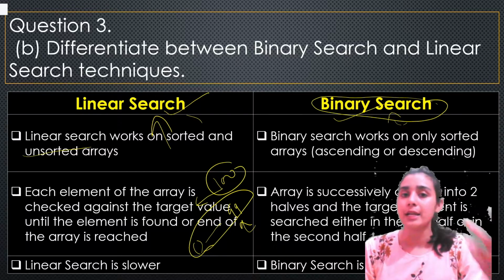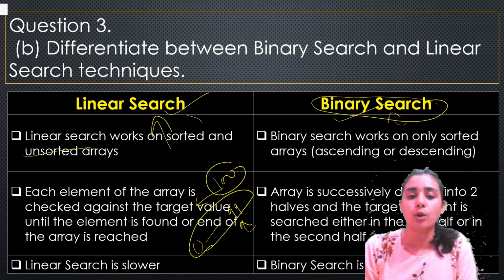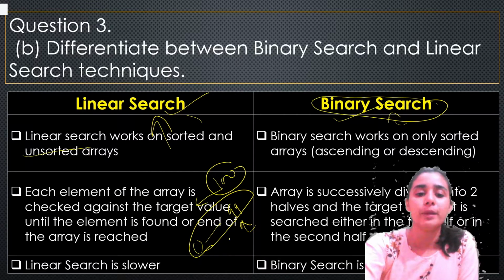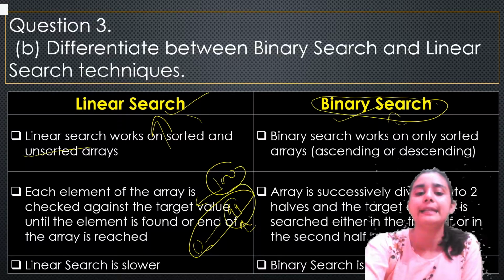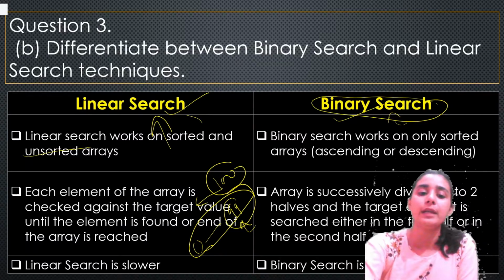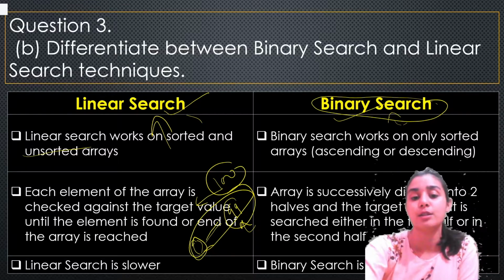Total 100 items, so this is so much time consuming. Say you want to find 99 only, and it is at the 99th index, because I'm considering 0 to 99.